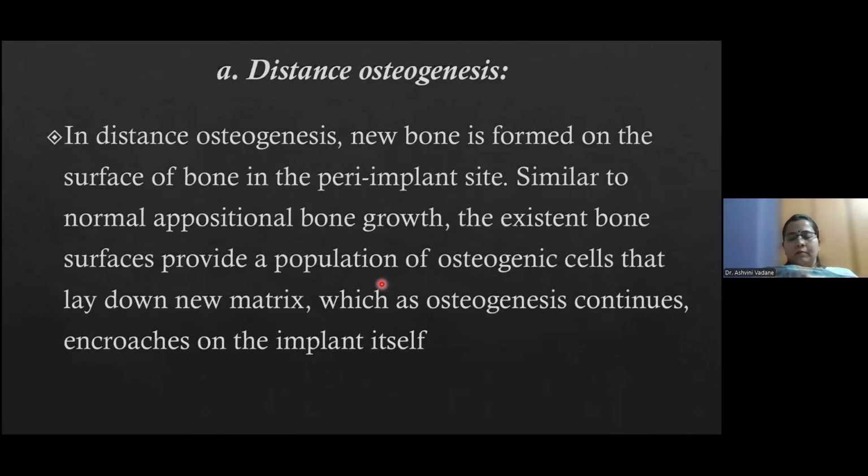So they proposed two types of osteogenesis, distance osteogenesis and contact osteogenesis. In distance osteogenesis, new bone is formed on the surface of the bone in the peri-implant site. Similar to normal appositional bone growth, the existing bone surface provides a population of osteogenic cells, and in this way there will be continuation of osteogenesis which will encroach on the implant.